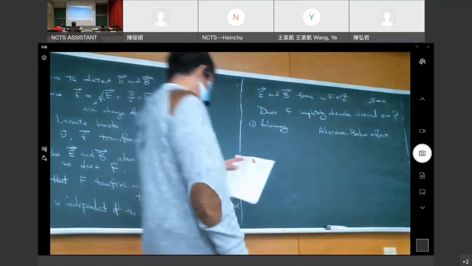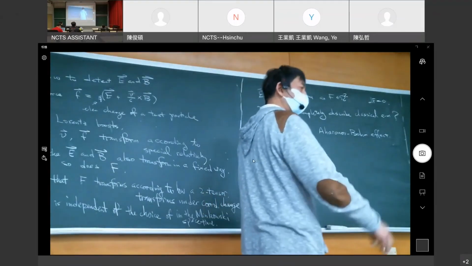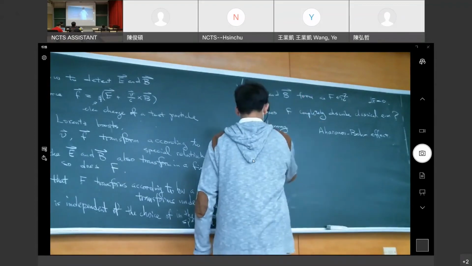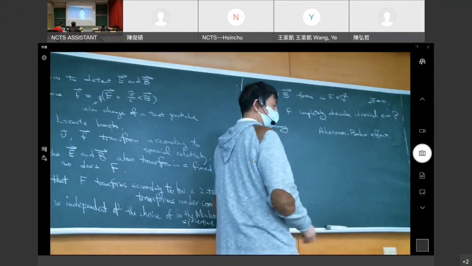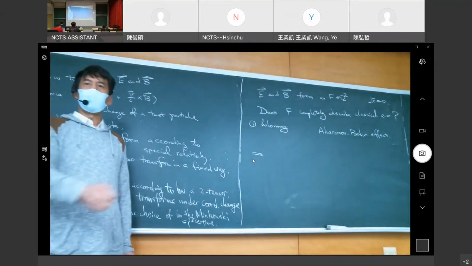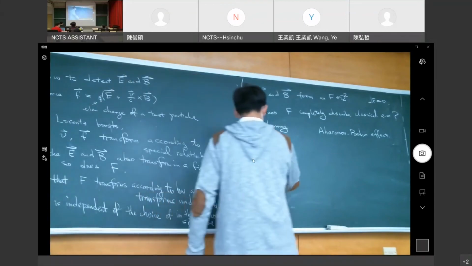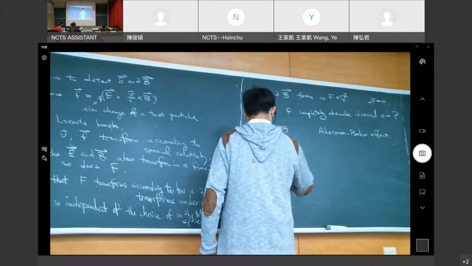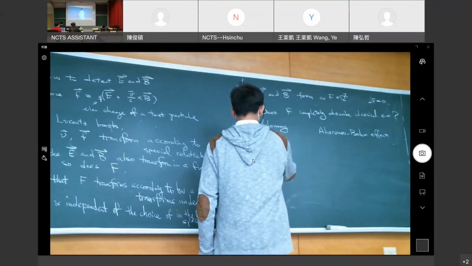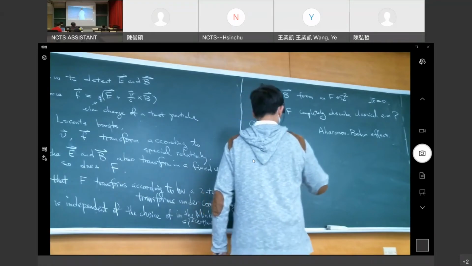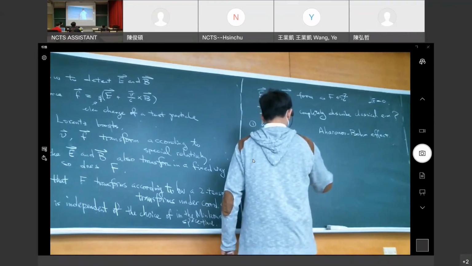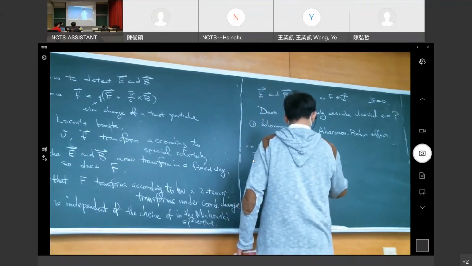We start with some very basic things in quantum mechanics, which is the double slit experiment. We have an electron beam, and then there's some obstruction with two holes, and then finally there's a screen.